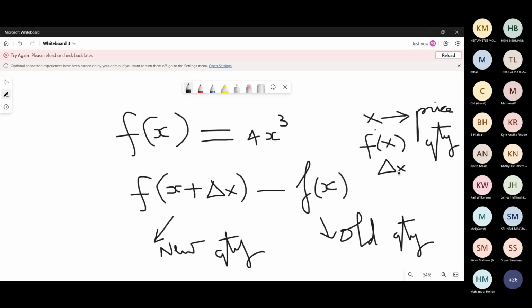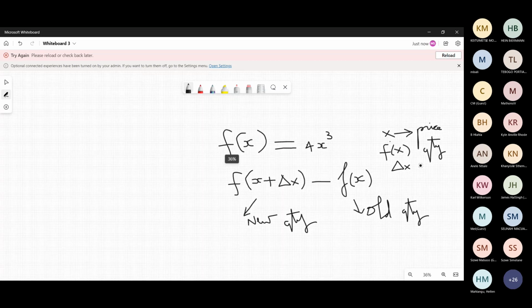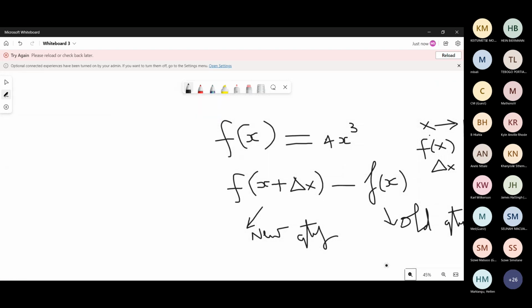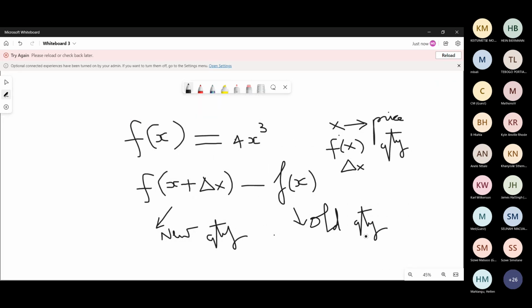Are you with me? Variation in price. Now we want to understand the effect of the variation in the price on the variation in the quantity. Of course, if there's a variation in the price, you can expect a variation in the quantity. But by how much? What is the rate of change in the quantity due to a change in the price? Thank you for asking me the question.